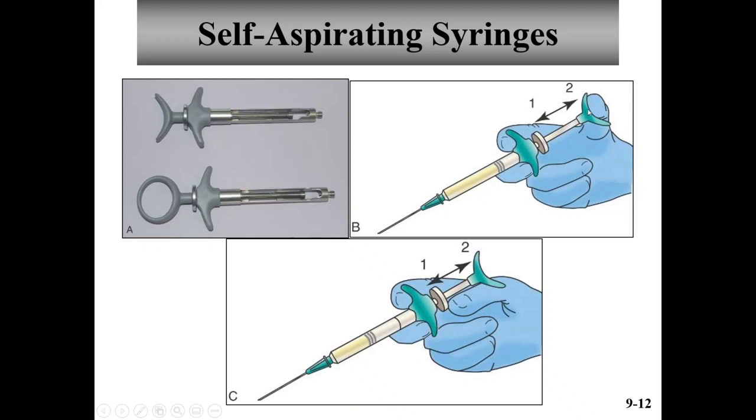But taking your thumb out of the thumb ring and putting all the weight and the control on the finger rest, the finger grip, oftentimes will cause that needle to wobble and you lose control, and that's why most operators don't use it.